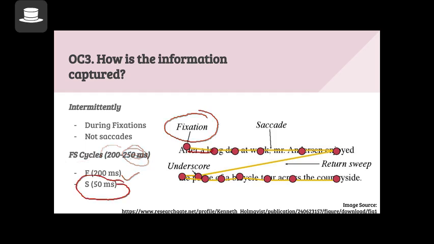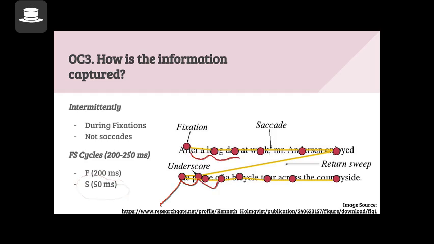In other words, you go through 200 milliseconds of fixation, your eyes don't move. Then for 50 milliseconds, they move. Again, for 200 milliseconds, they don't move, and for 50 milliseconds, they move, and so on and so forth. So each cycle lasts, let's say, 250 milliseconds, 200 milliseconds of fixation and 50 milliseconds of saccade.